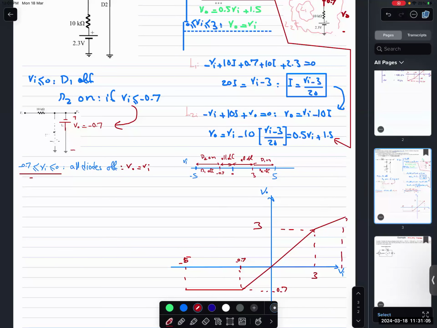If you put Vi equal to 5, I think it will be 4.